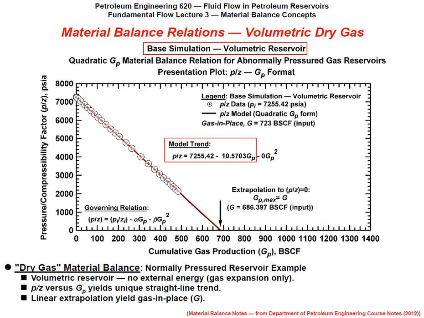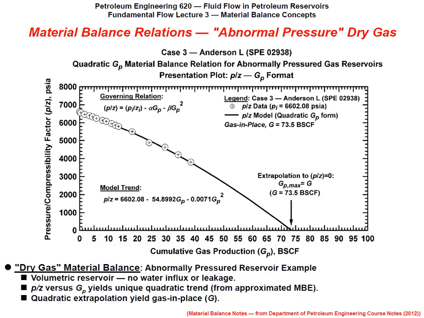Okay, deep breath, everybody. Ready? Here's what happens whenever you go to the real world. Now, fortunately, this Anderson L case, it's a single well and a single fault block in South Texas. So we assume that all of the non-ideal behavior is due to what?